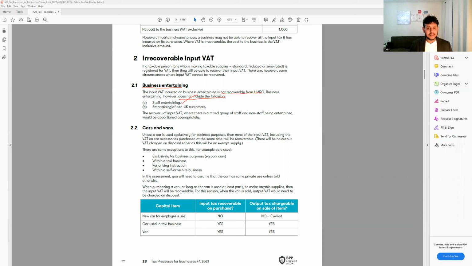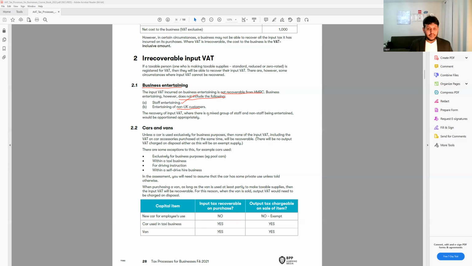On the other hand, if you entertain a non-UK customer, remember that, you can claim the VAT back. But if the customer is from the UK, no. If you entertain a UK customer, no. Only entertaining the staff is allowable, and entertaining a customer only if they are from a different country, not from the UK.